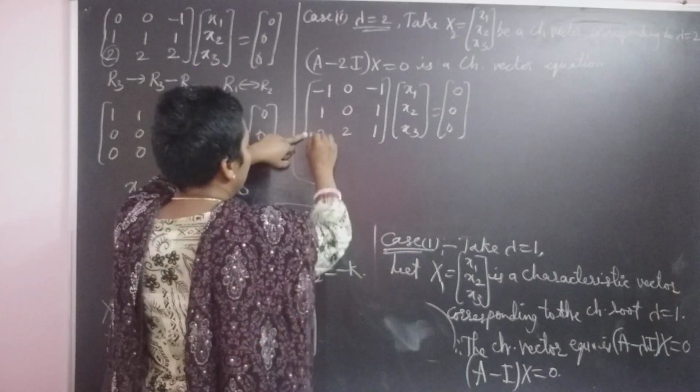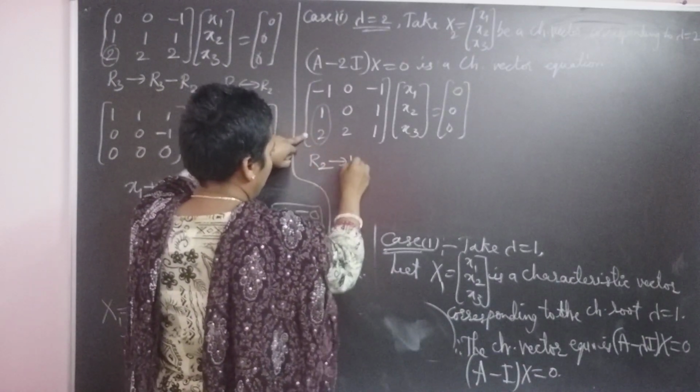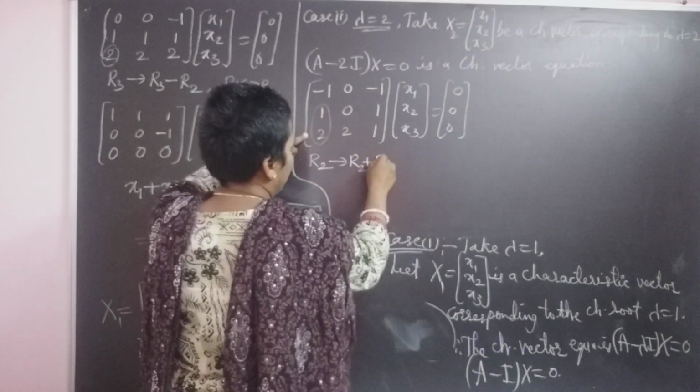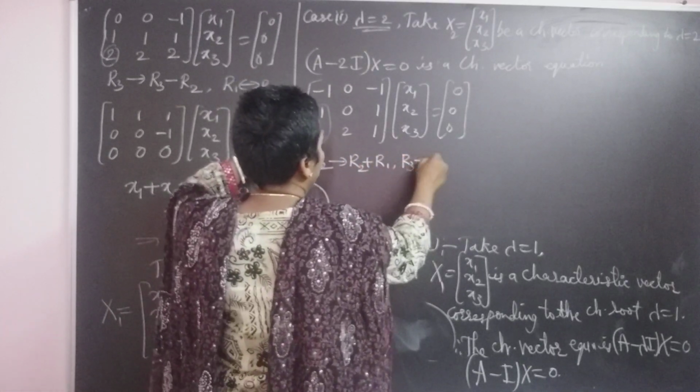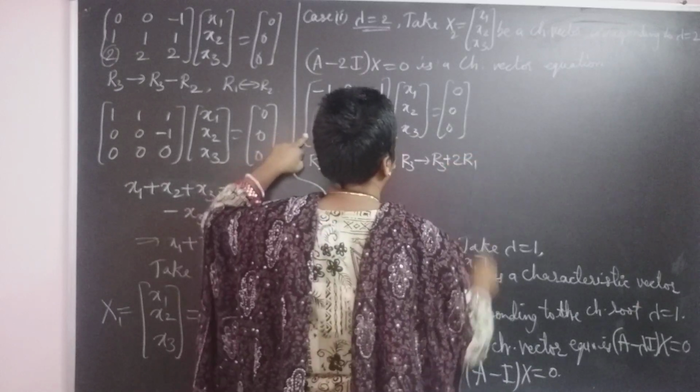Next, reduce these two elements to 0 by the row operation. R2 into R2 plus R1, R3 into R3 plus 2R1.